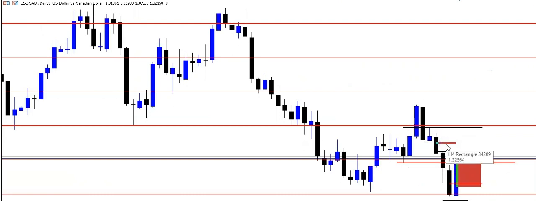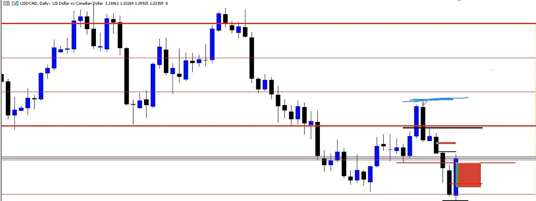So on the daily time frame, the last lower high is around this particular zone that I marked here. Or we can use here as the last lower high for the bearish structure.